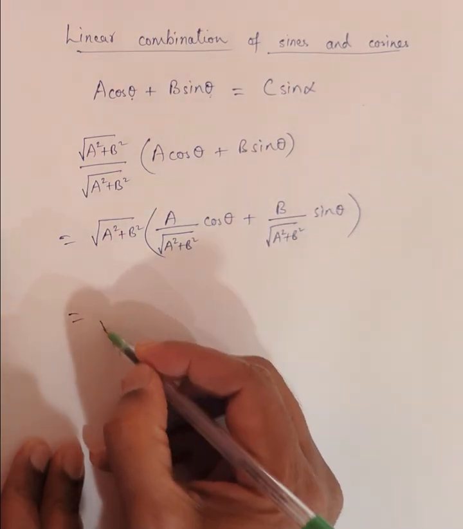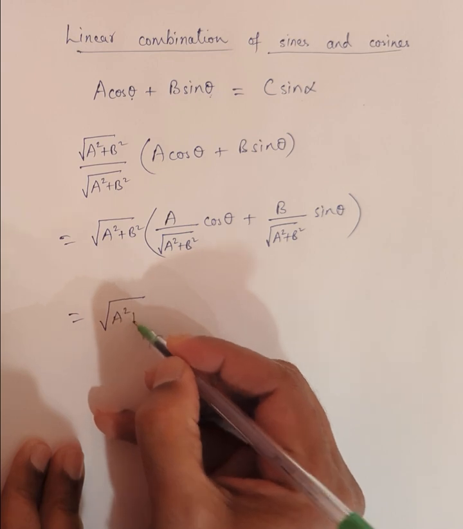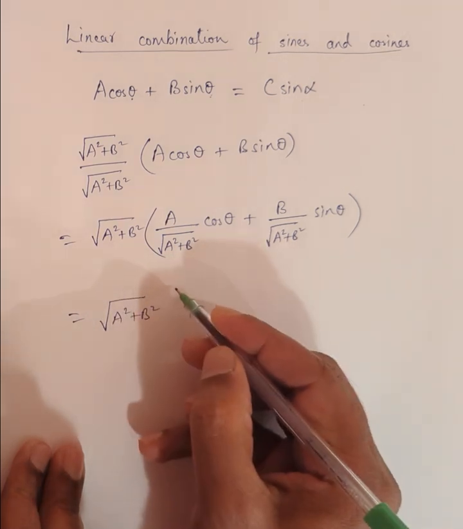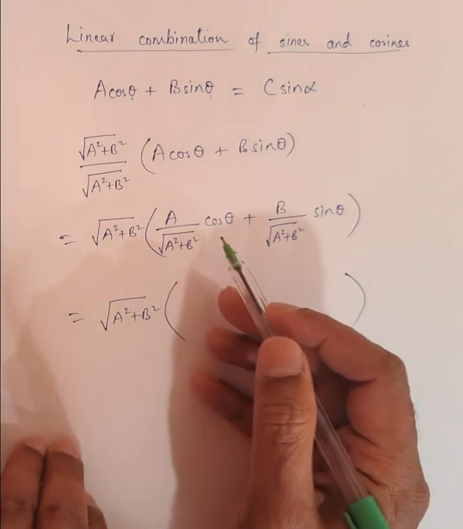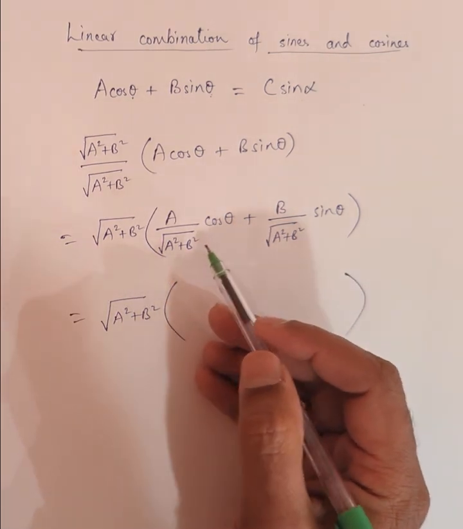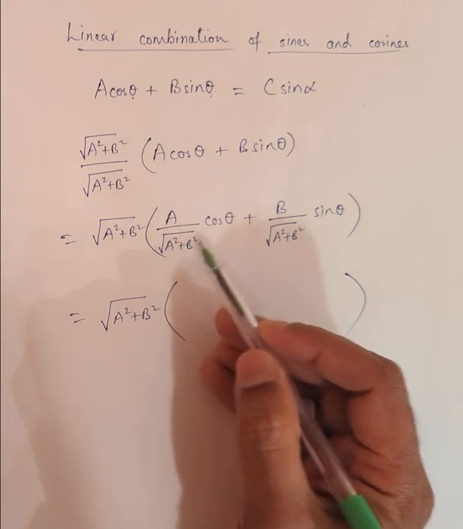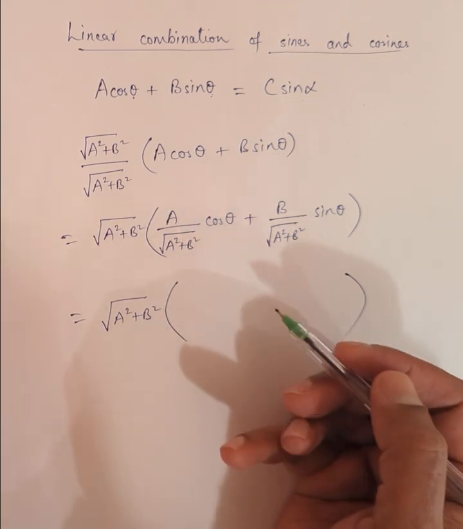Then this is going to be square root of a square plus b square. And notice, I have a over square root of a square plus b square and b over square root of a square plus b square.